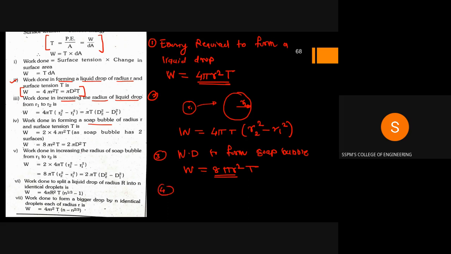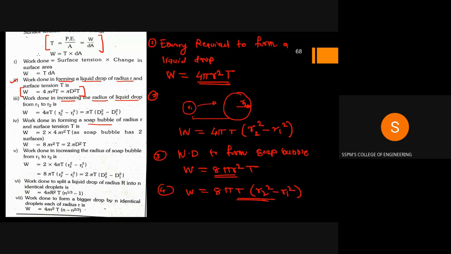Fourth is work done in increasing the radius of a soap bubble from R1 to R2. So it is similar to this. If there is a soap bubble having the radius R1, we want to increase the radius to R2, then the total work done is 8 pi T into R2 square minus R1 square.